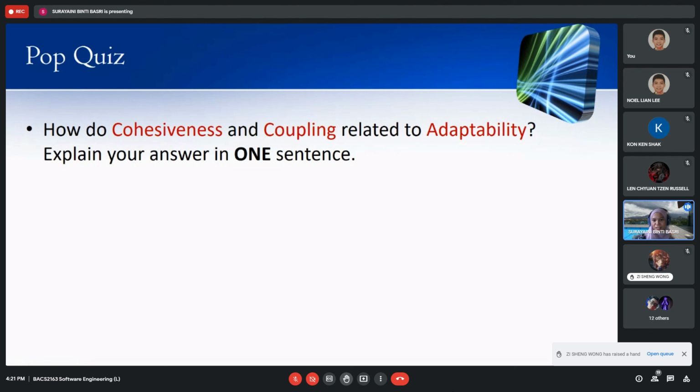I think that is whatever we have discussed previously. We already discussed that during adaptability. So Zisheng Wong, Yap Hao Wong, Daniel, the three of you, please give me an answer about this.